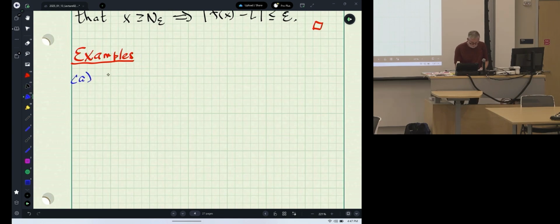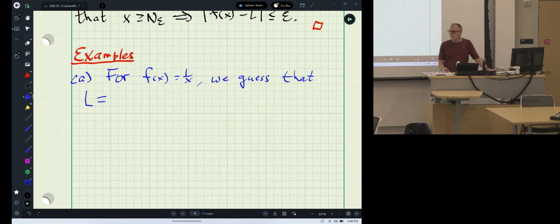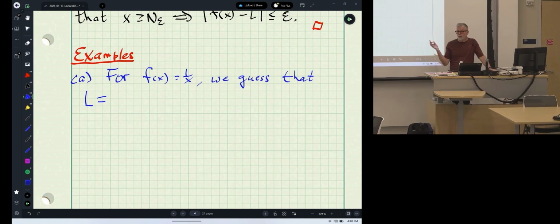So A, we'll start super easy. For f of x equals 1 over x, and we're doing the limit as x gets very large, we would guess that the limit is equal to... pi?